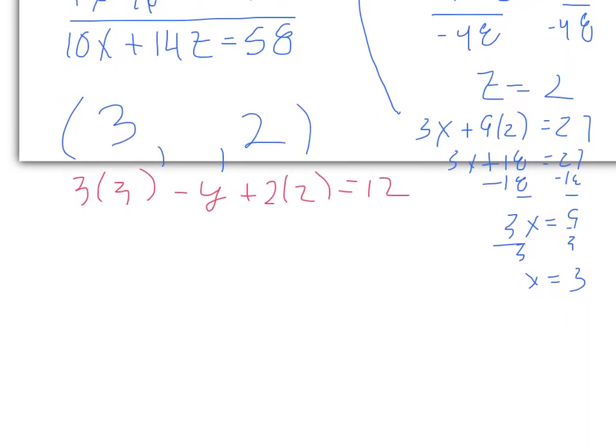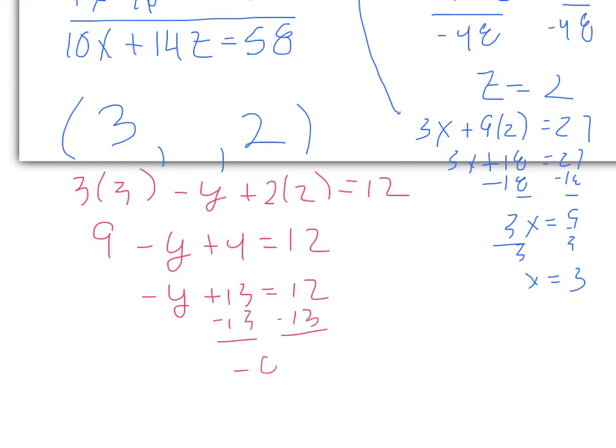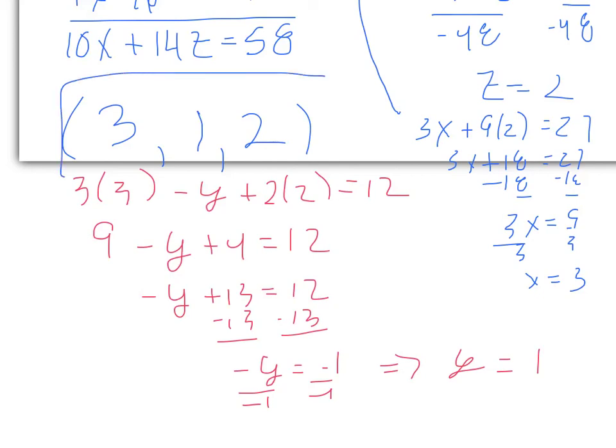So, kind of moving through this now, we get 9 minus y plus 4 equals 12. So negative y plus 13 equals 12. Subtract 13 from both sides. We get negative y equals negative 1. Divide by negative 1. You get y equals positive 1. So the solution to this is 3, 1, 2.